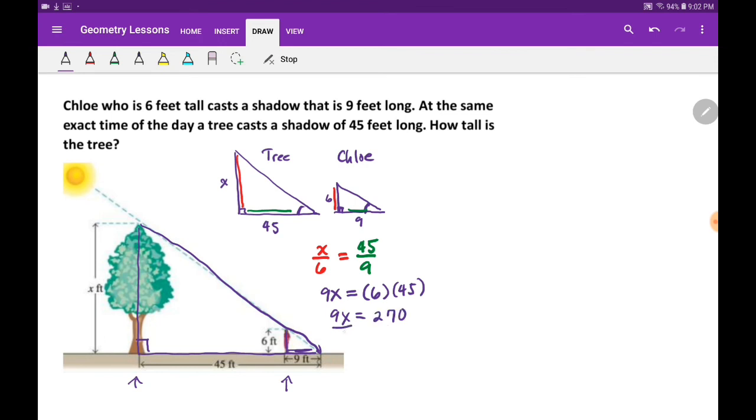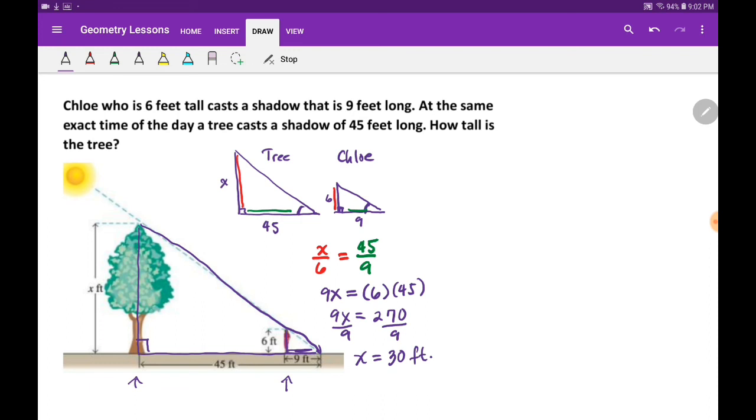And then let me divide both sides by 9 so that I can solve for x. It's going to be x is equal to 270 over 9, which is 30. So you can see here that the height of the tree is 30 feet.